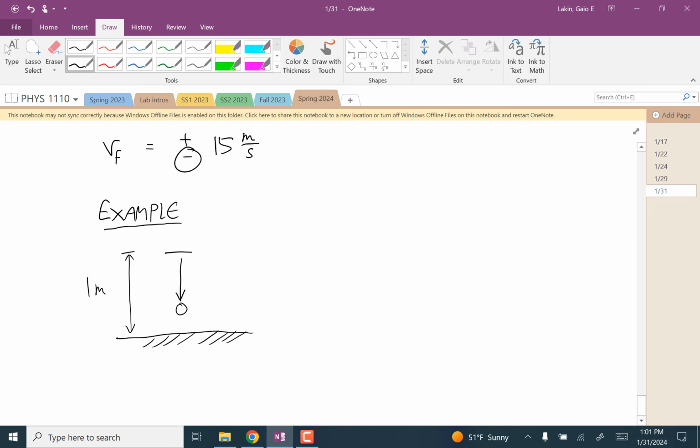And let's say that it takes 0.3 seconds until the object hits the ground or reaches the ground level.